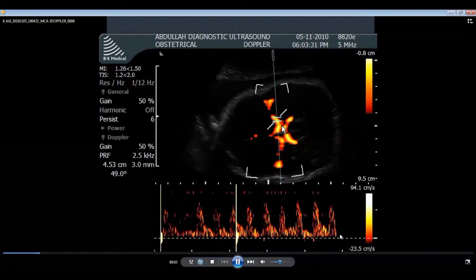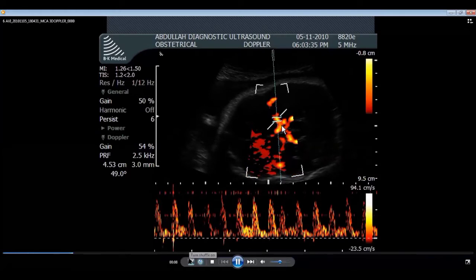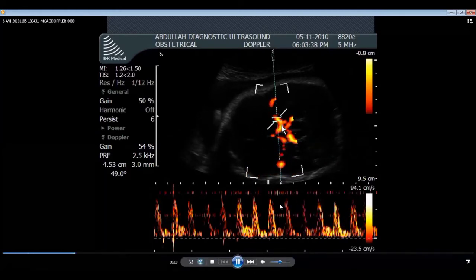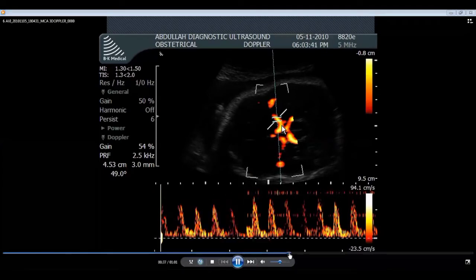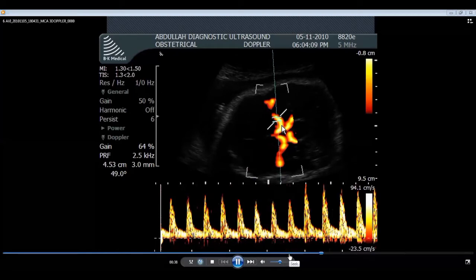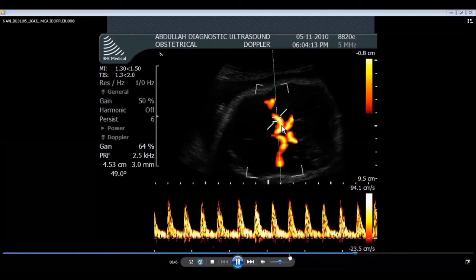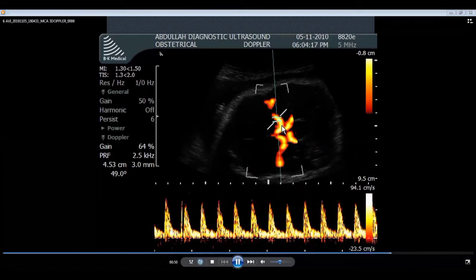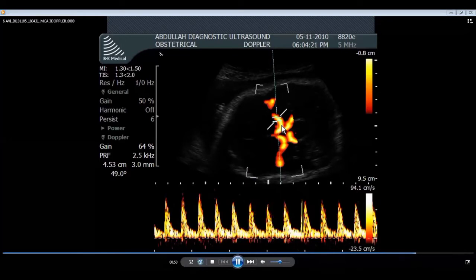This is normal middle cerebral artery flow. There is forward flow and there are tall systolic peaks, normal. We calculate the different indices, resistivity index and pulsatility index of these arteries to interpret them.